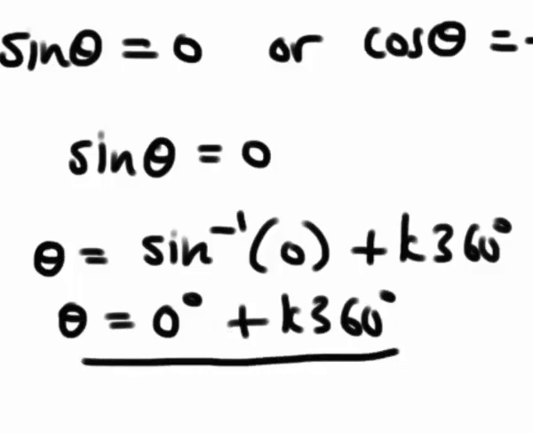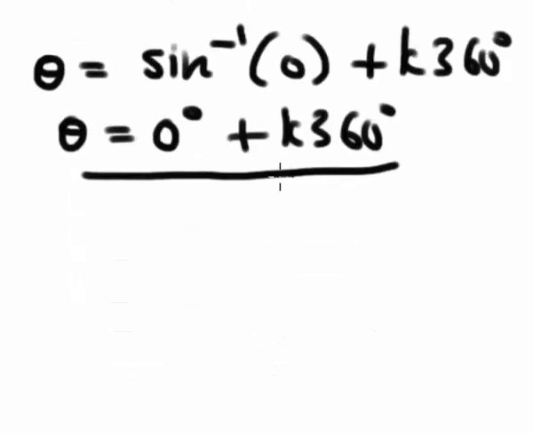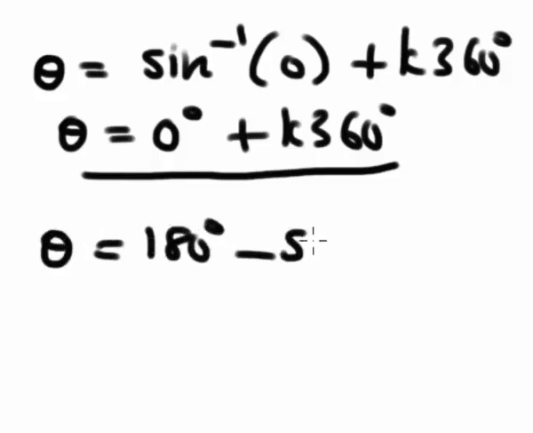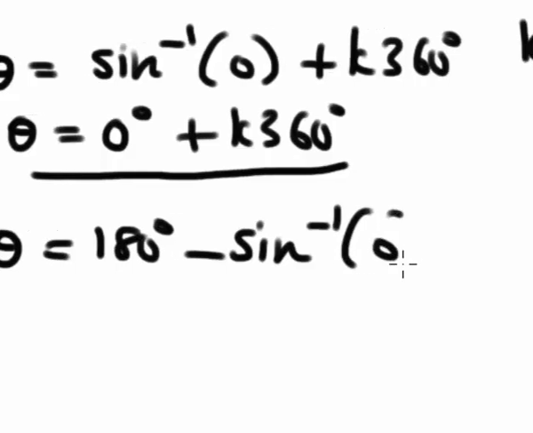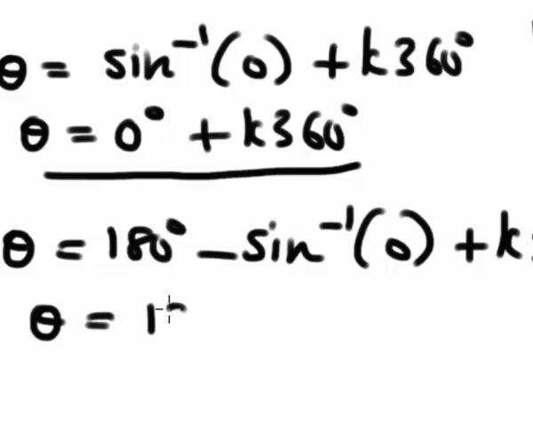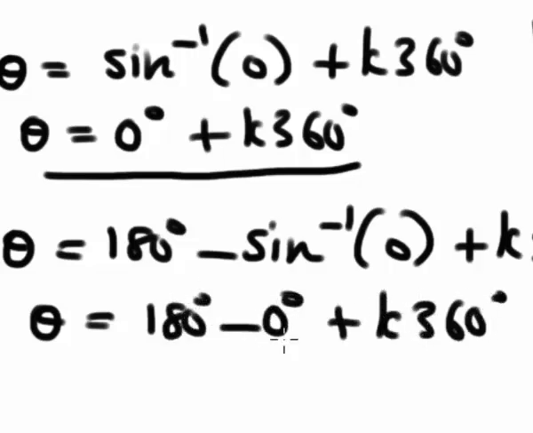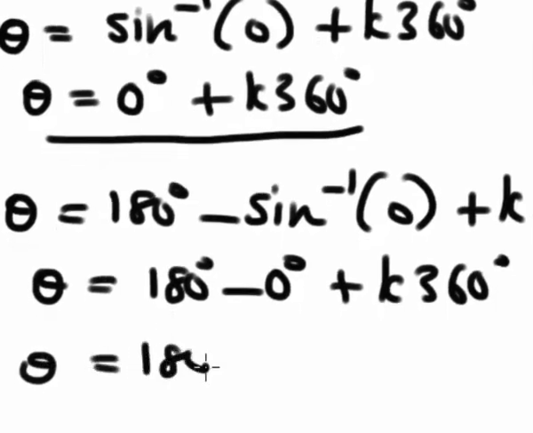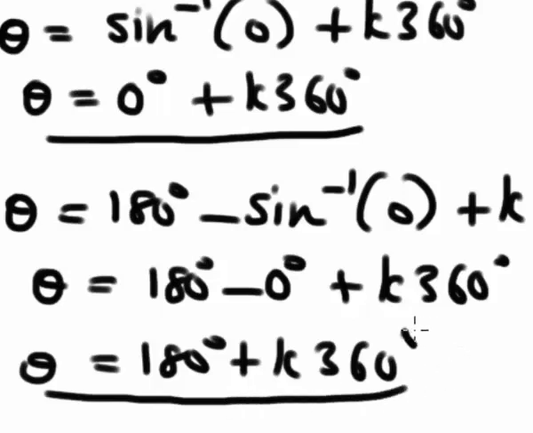Then the other option with sine is theta is 180 degrees minus the shift sin of 0 plus k 360. So this comes to 180 degrees minus 0 plus k 360, and you land up with 180 degrees plus k 360. And there's your second general solution for that equation. Okay, what a pleasure.